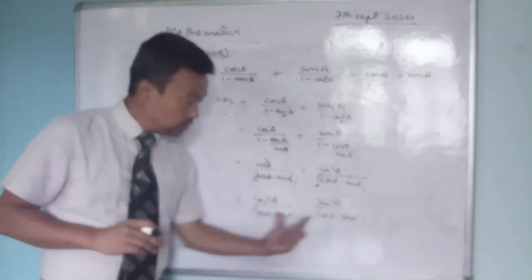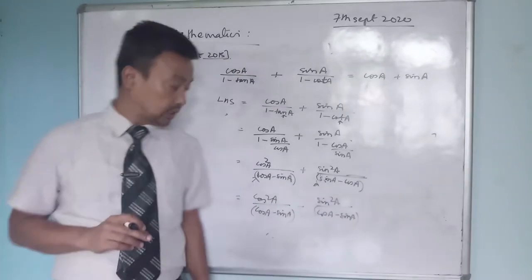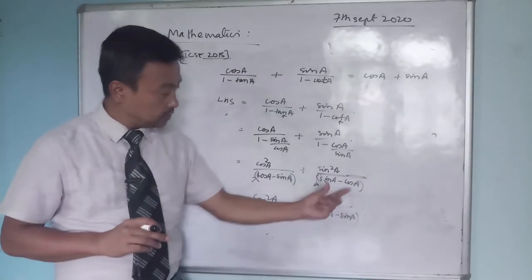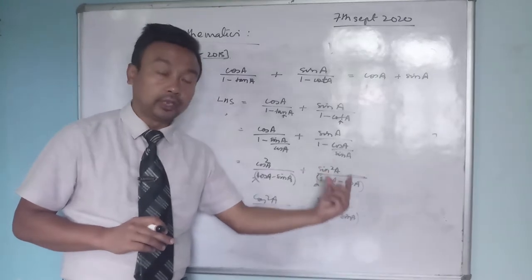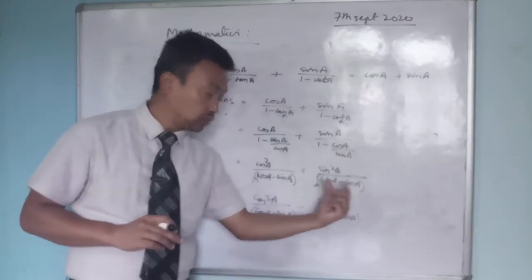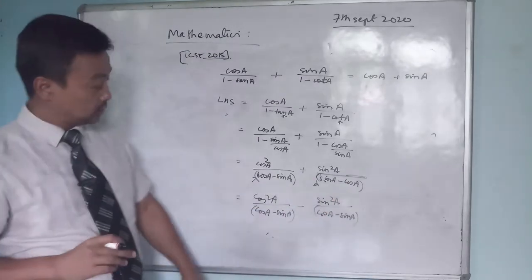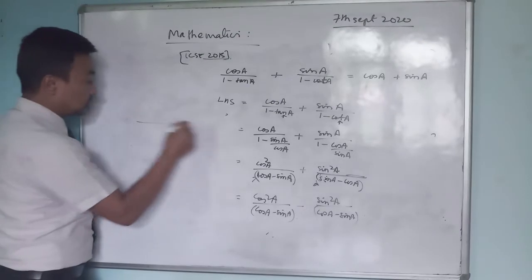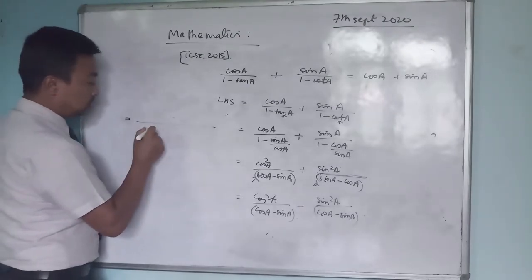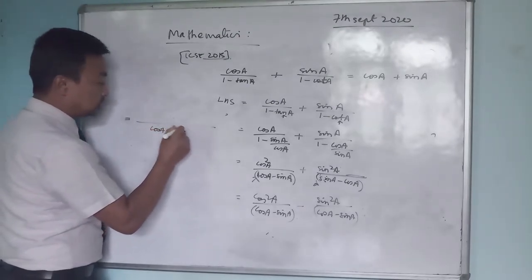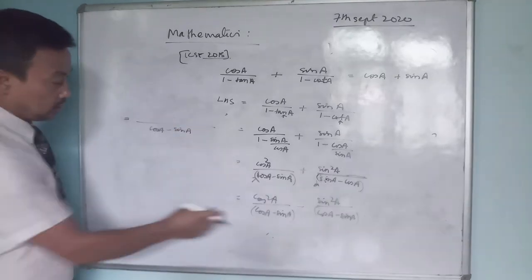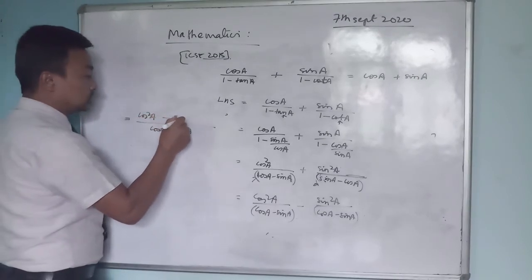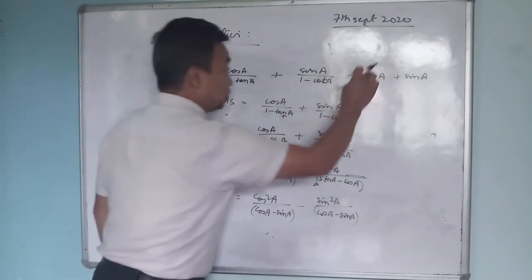Because now it is easy for us to take the LCM. Now they are same. This plus has become minus because we have interchanged their position. So now what will be the LCM of these two? It will be cos A minus sin A. So what is the numerator? Cos square A minus sin square A. We have to get this.